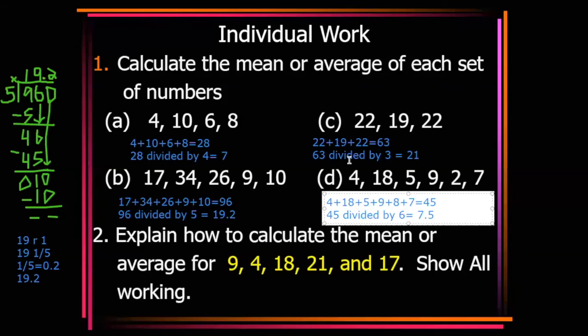Show all working and explain how to calculate the mean in one answer so I can read it. Etienne said, step one, add all the answers. Step two, divide the sum by the number of addends.